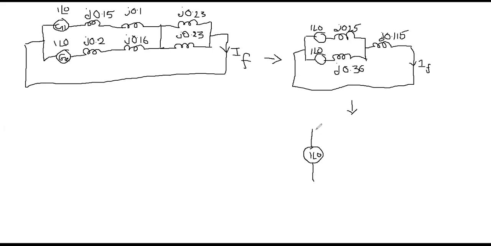Now you find the parallel combination of this 0.25 and 0.36. That parallel combination gets connected in series with the J 0.05. So if the parallel combination and the final, these two get connected in parallel. Now you can draw this as this one.